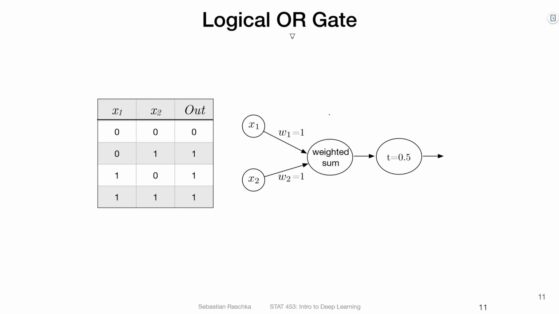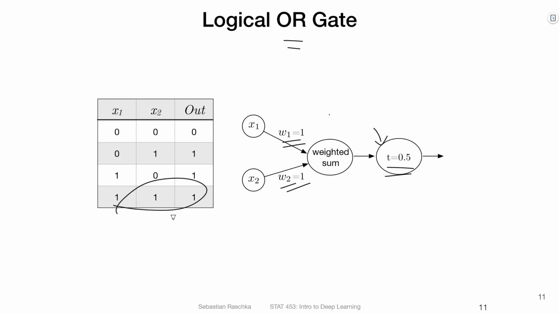In the case of the OR gate, you can set W1 as 1 and W2 as 1 as well. Here, you're changing the value of the threshold. In this case, the threshold will be 0.5.